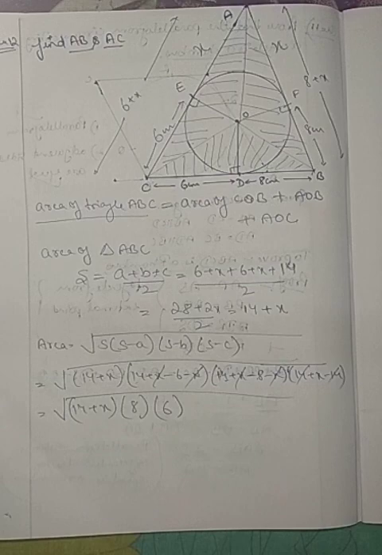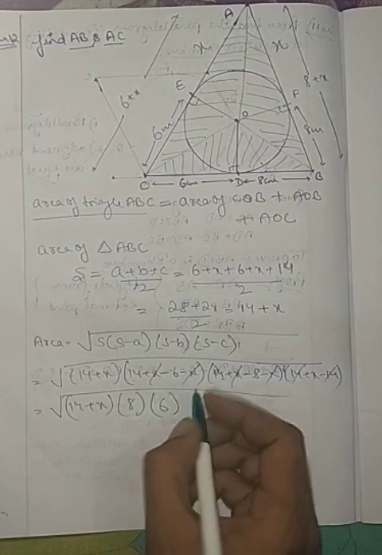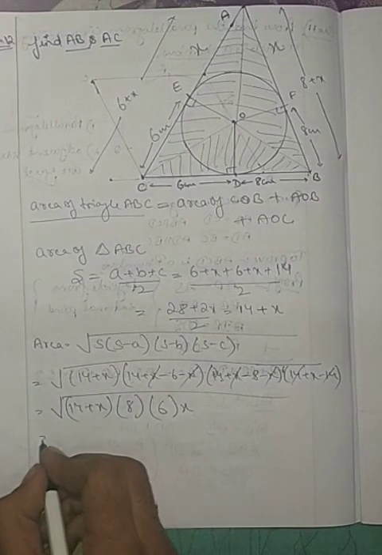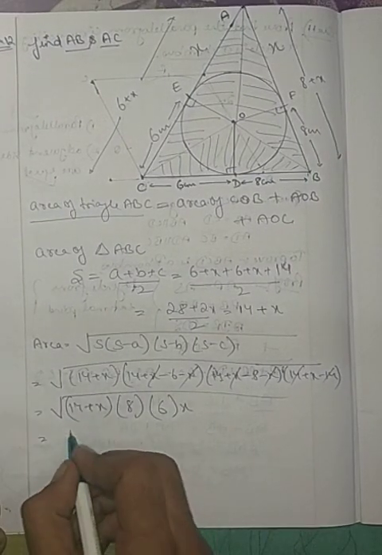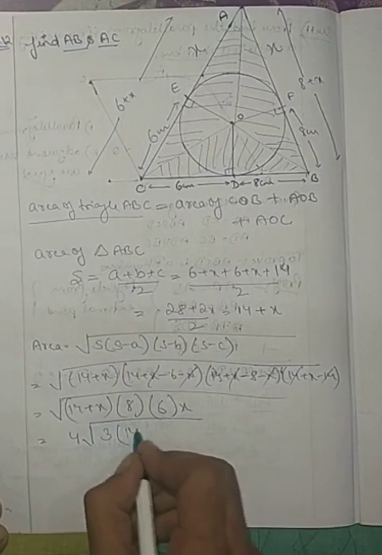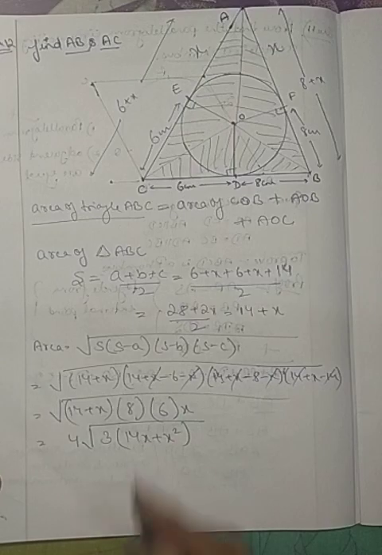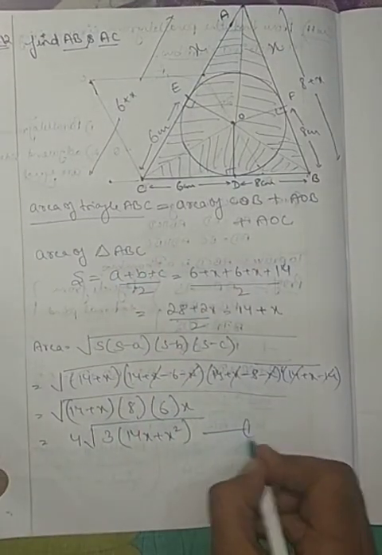Solving this, what we will get? And we are left with x as well. After solving this, you will get 4 under root 3 multiplied by 14x plus x square. This was the area of triangle ABC.